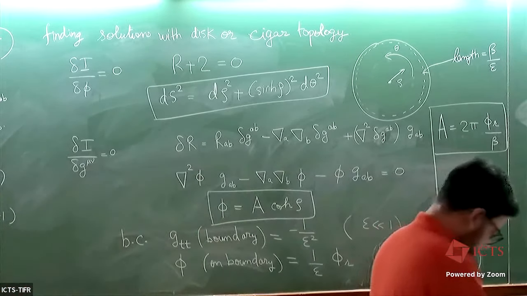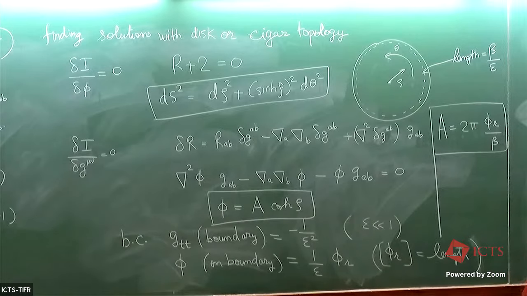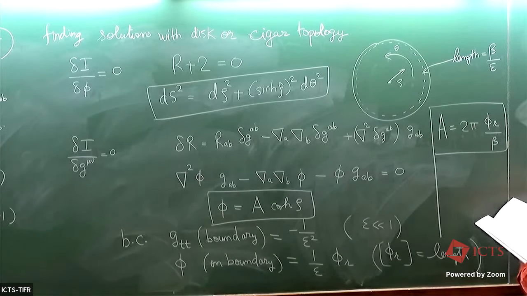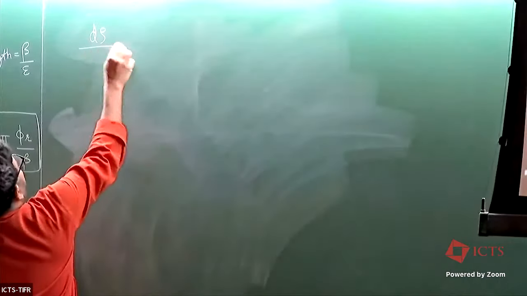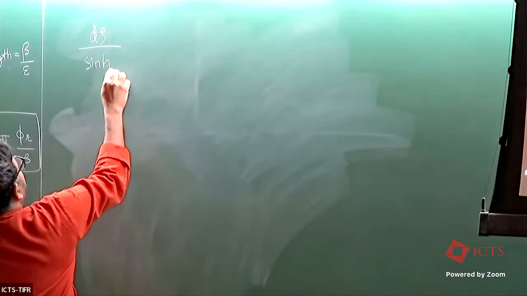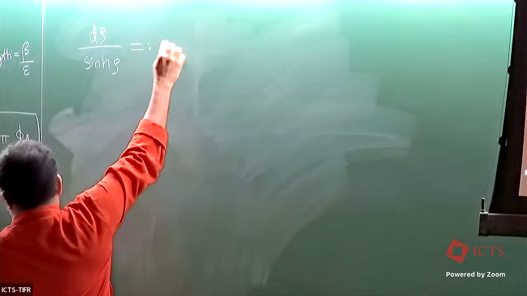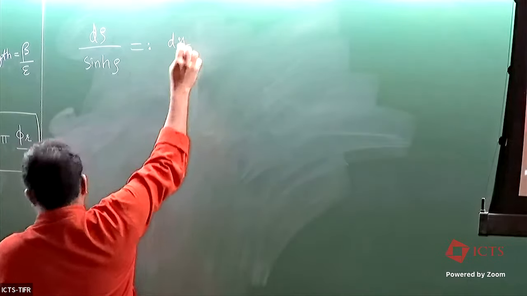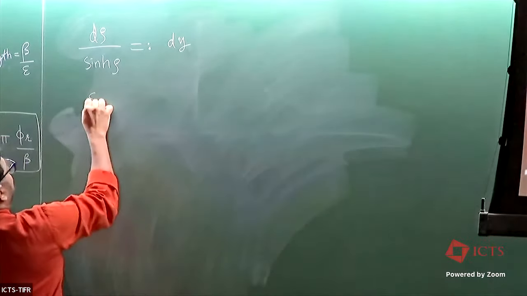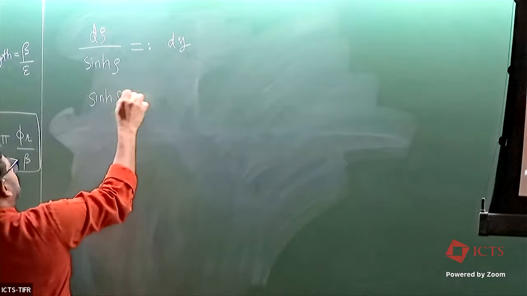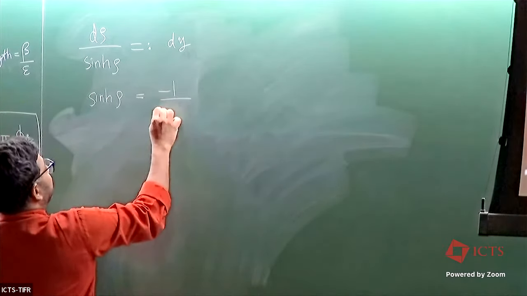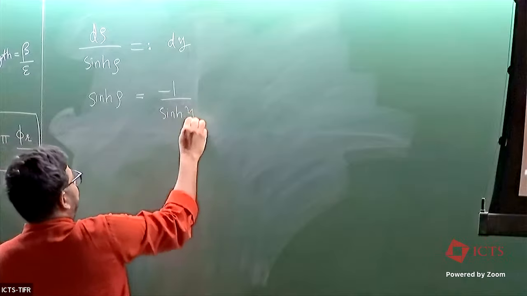So, okay, we were going to continue this to Lorentzian signature. So we first make a change of coordinates, which is d rho over sinh rho. You define a coordinate y by this, and you can integrate this to sinh rho equals -1 over sinh y.